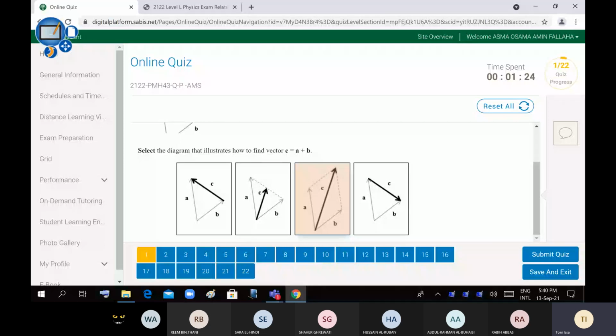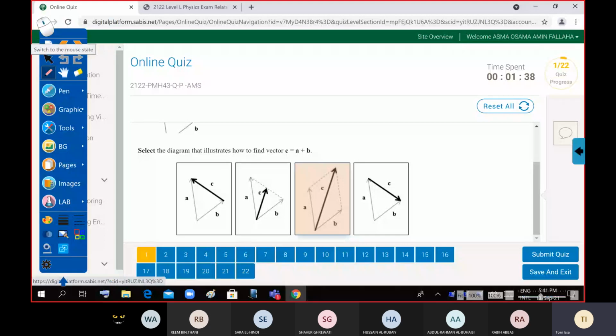Because for the triangle law, at least if they are talking about A and B, if A is like that, they should be the tail of B on the head of A. At least this is what they should put. But here, none of them can be used. Okay?